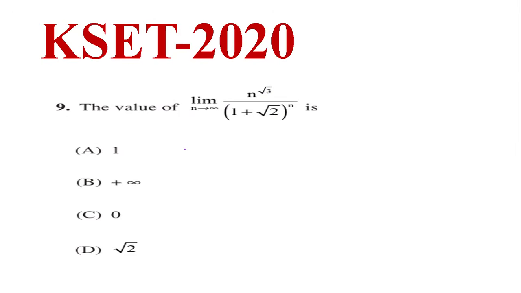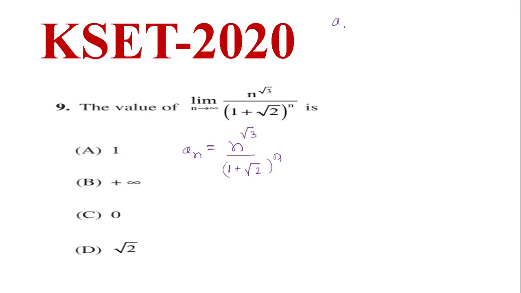Simple question. Here a_n = n^(√3) divided by (1+√2)^n.